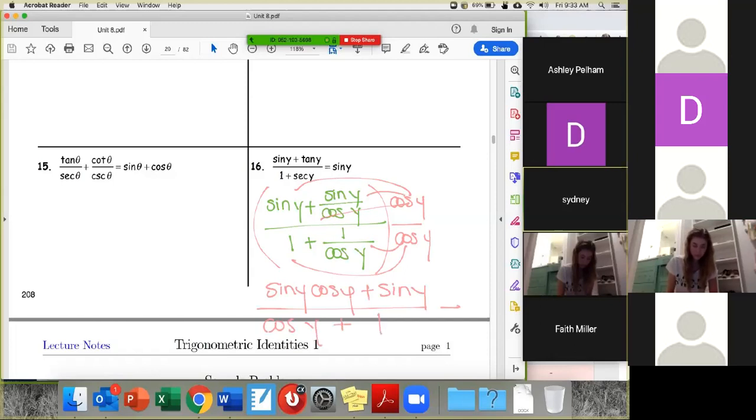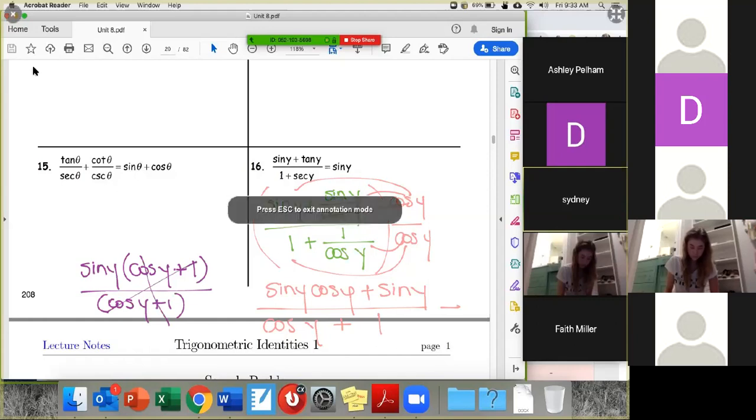Then the top has a greatest common factor of sine y, so I'd pull out a sine. My cosine y plus 1 on top and bottom cancel, which gives me sine for my answer. So that strategy comes up there.